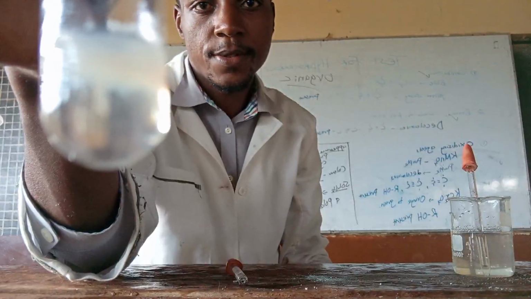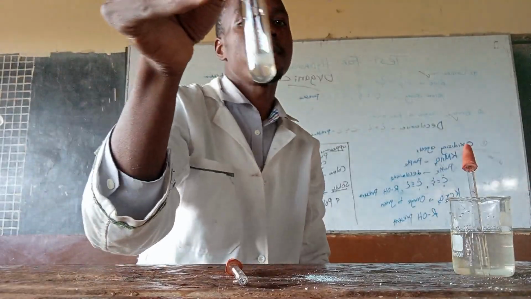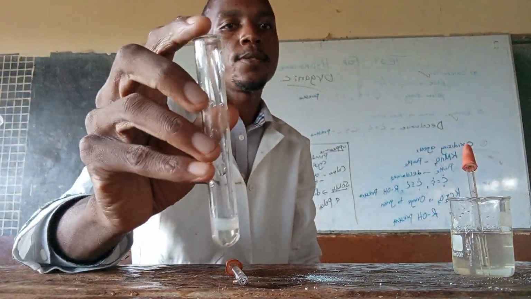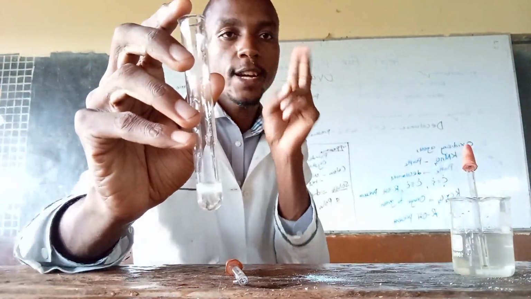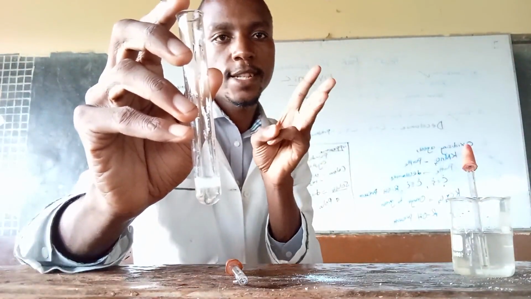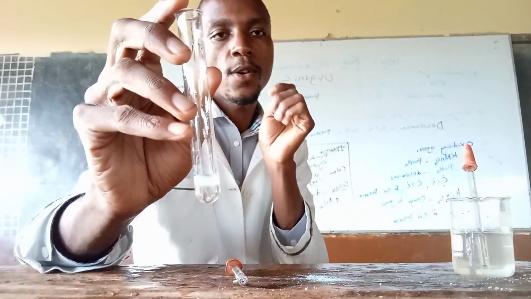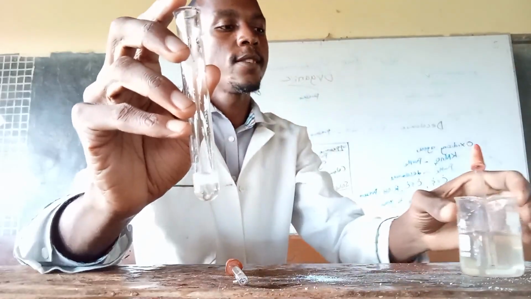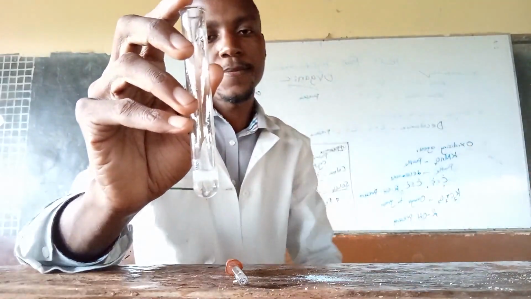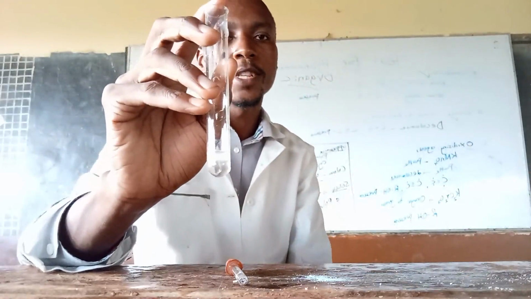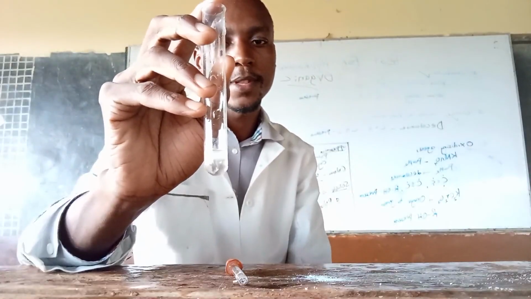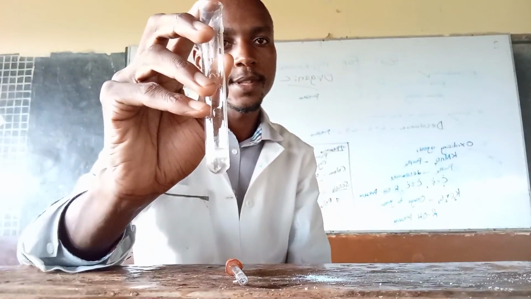This simply tells you that up to that point, there is either magnesium, calcium, zinc, aluminium, or lead ions. There is a possibility of all of those 5 being in here, because we have just added few drops, around 3 drops.